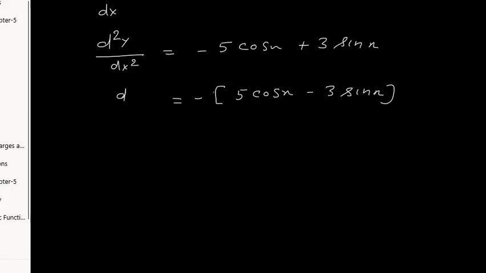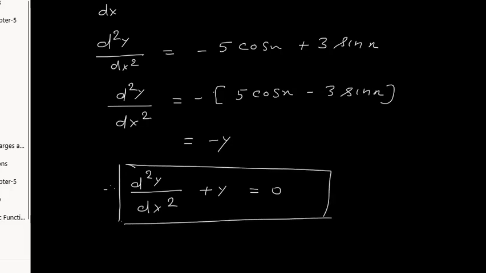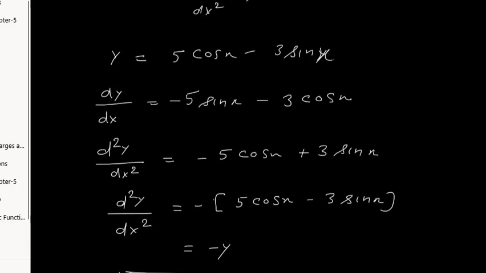So d square y upon dx square is minus of 5 cos x minus 3 sin x, which is minus of y. So therefore we say that d square y upon dx square plus y is equal to 0. Right? Okay. d square y upon dx square plus y equal to 0 is the answer.